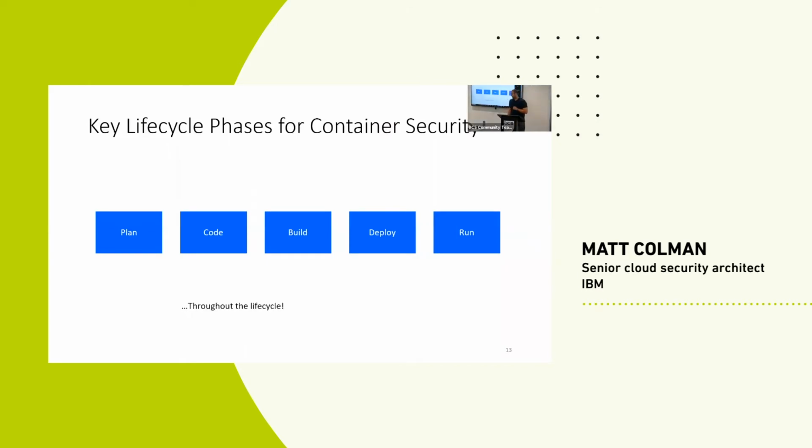So, first of all, when I was thinking about this, I was trying to demonstrate clearly, and hopefully this does it, that we have to think about security across every single phase of a development lifecycle. All the way from planning and thinking about what we're going to do to actually running it, we will need to put security in those phases.